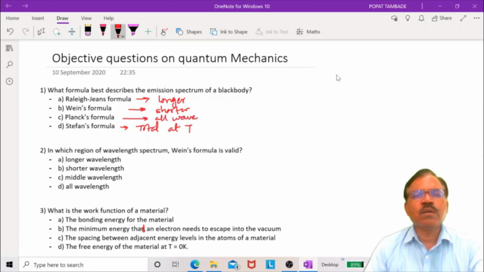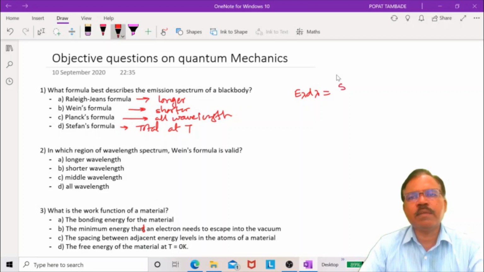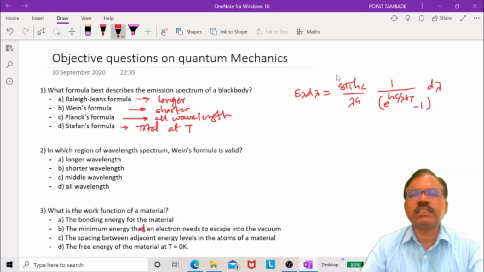And we know Planck's formula, E lambda d lambda is equal to 8 pi h c upon lambda raised to 4 into 1 upon e raised to h c upon lambda k T minus 1 into d lambda, best describes the emission spectrum of the black body. So this answer is correct.